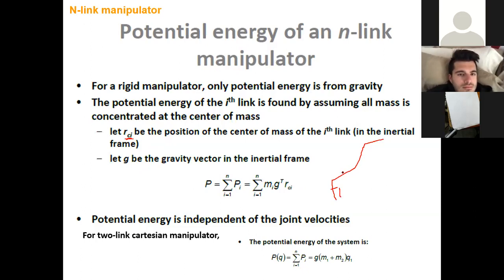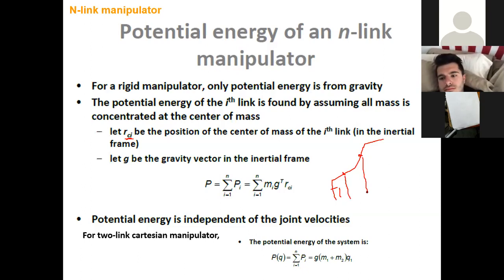Similarly, the position of this guy we will say RC2. The position of this guy, you take the center of mass. And this is RC3. And this is the position of, let's say, the fourth link, then RC4. That's what I meant by RC1, RCi.